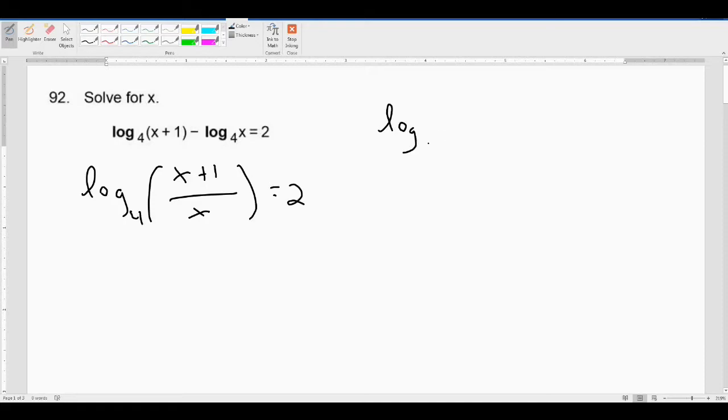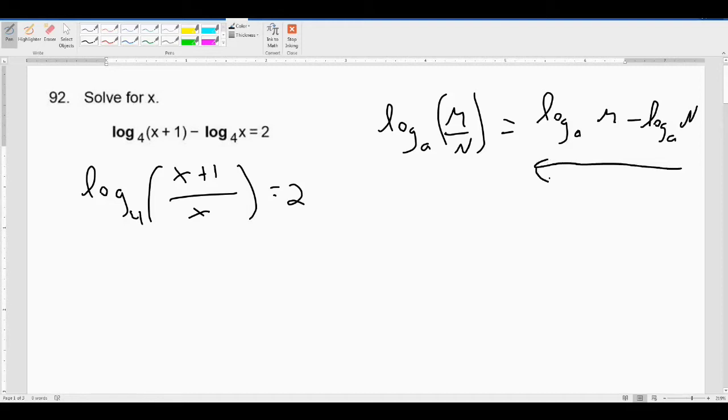There's a property that says if you're dividing, you can separate them by subtraction, which means you can combine them together using division. We're going from subtraction to division.